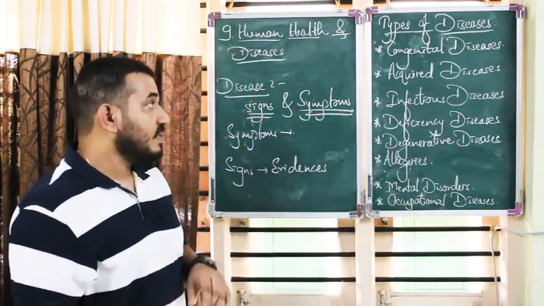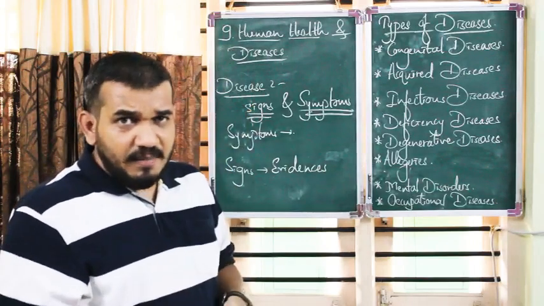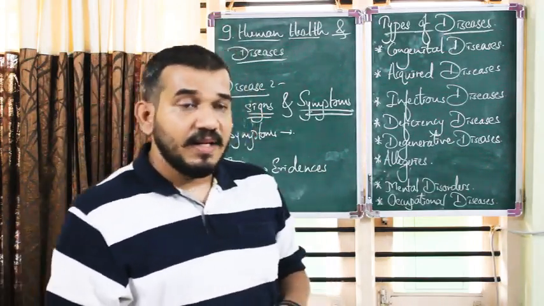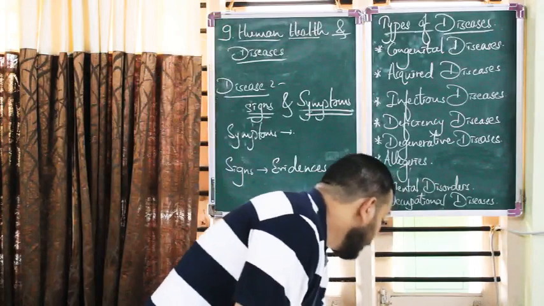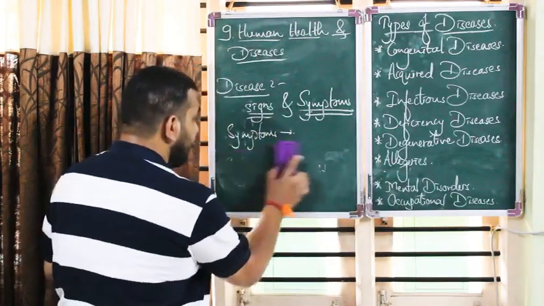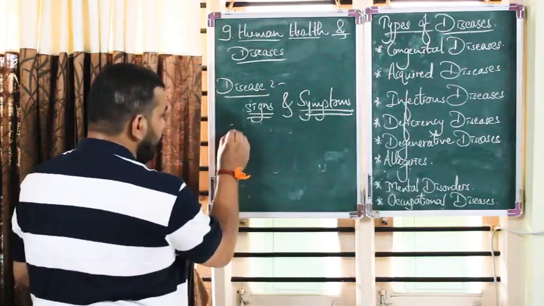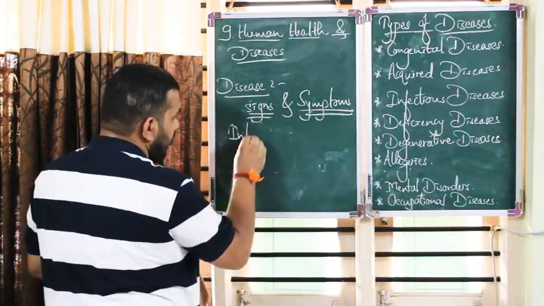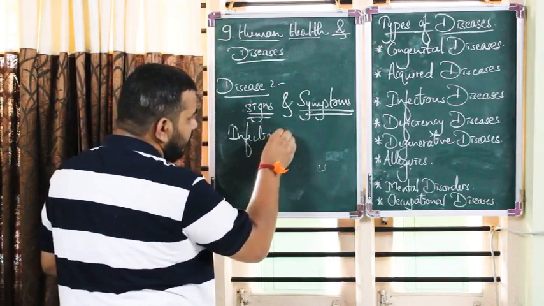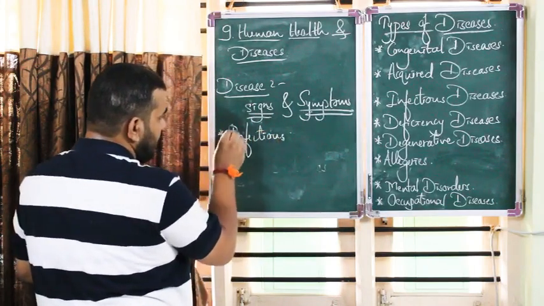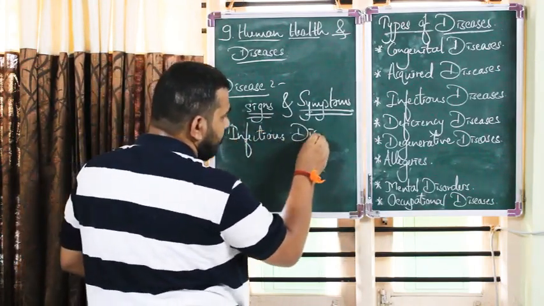Broadly, diseases are classified into two main types. The first one is infectious diseases.